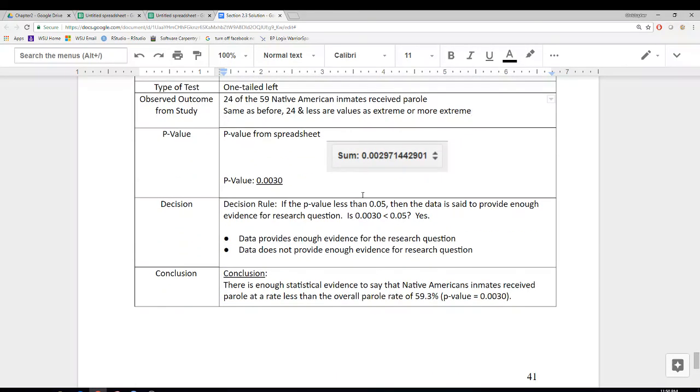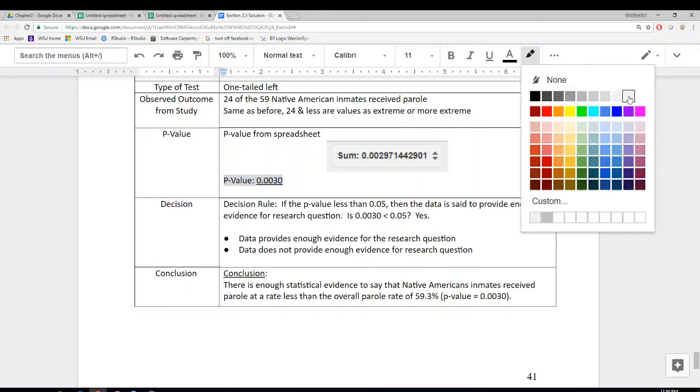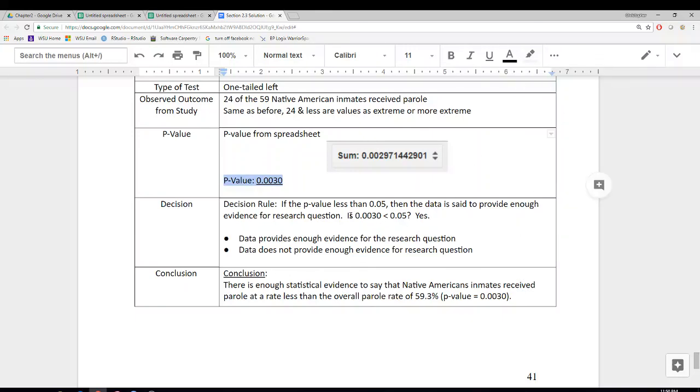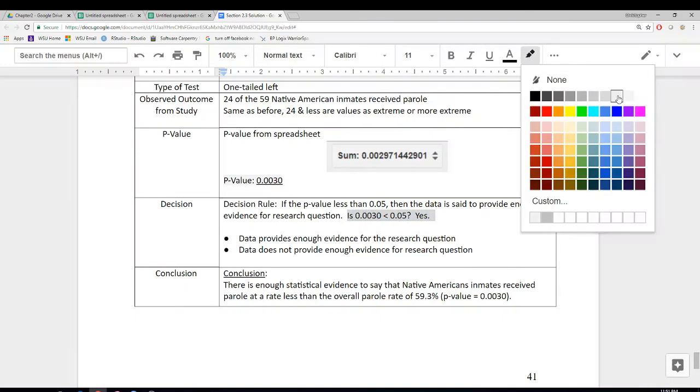The probability value I get when I use this alternative setup is 0.00297, which is 0.0030 if I round. Is 0.0030 less than 0.05? It is indeed.